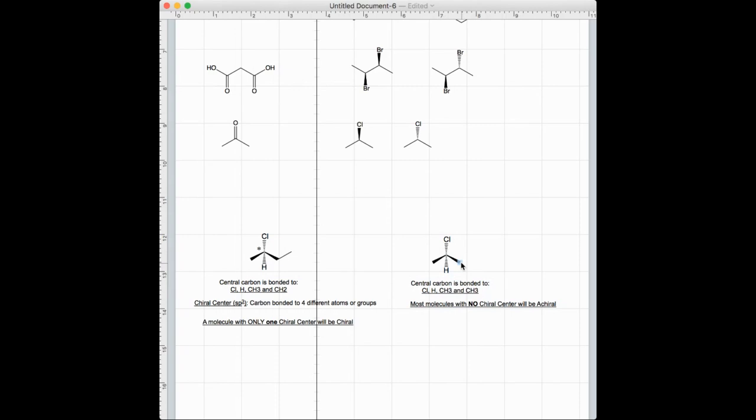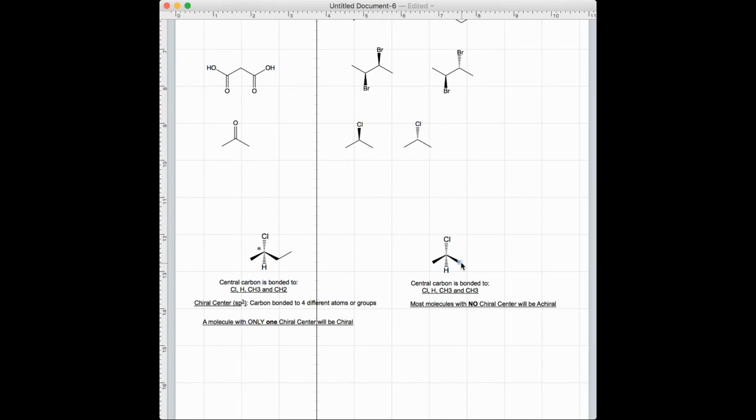Because there is no chiral center, we can say for now that the molecules that you will see with no chiral centers will always be achiral. As I said, there are exceptions to this, and we will discuss that in organic chemistry, but most of them with no chiral center are achiral. So then this is a second tool that I'm giving you to assign chirality.